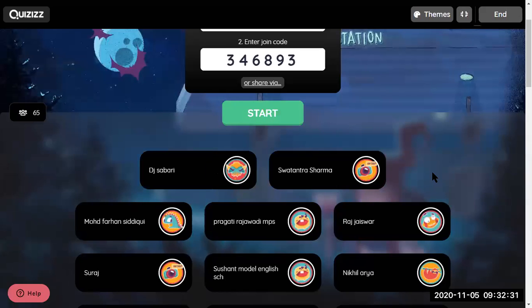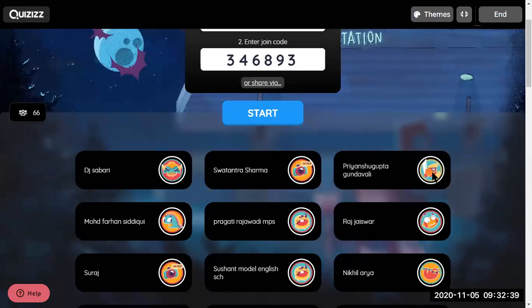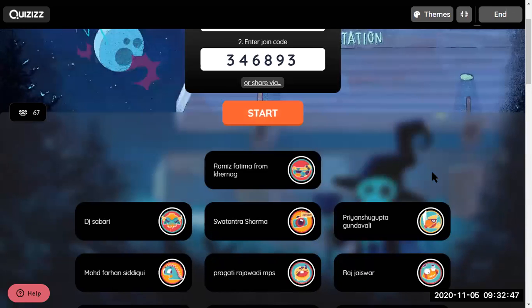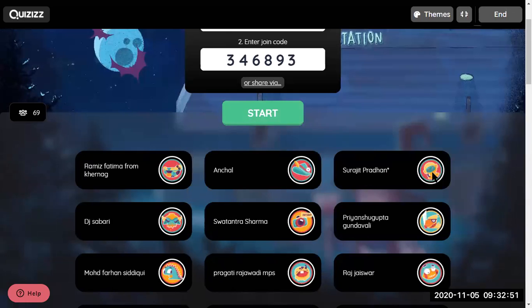Very good, everyone. And we'll wait for another 10 seconds. Priyanshu Gupta, Swatantra, Ramiz has joined. Very good. Achal, others quickly join.